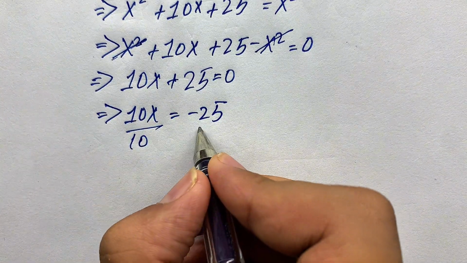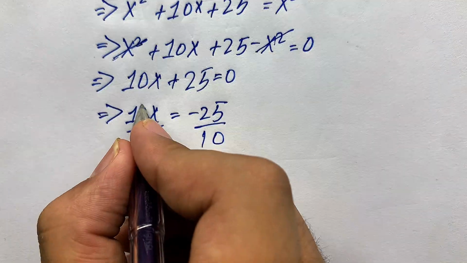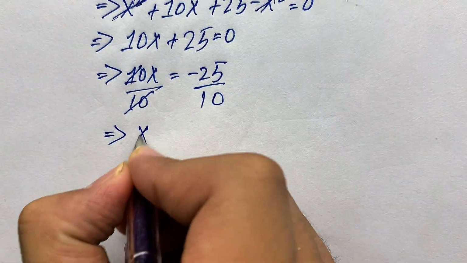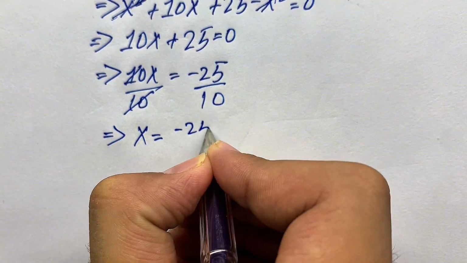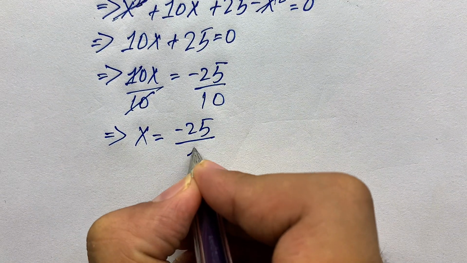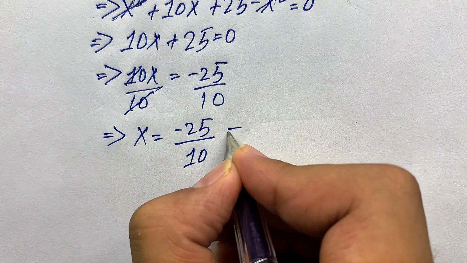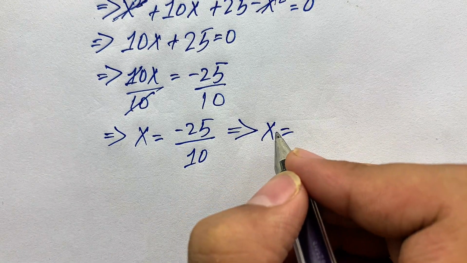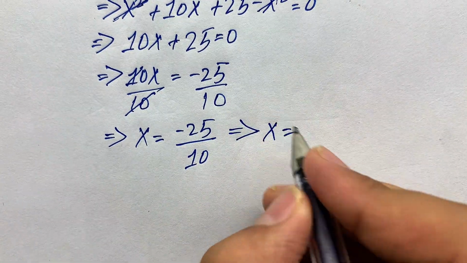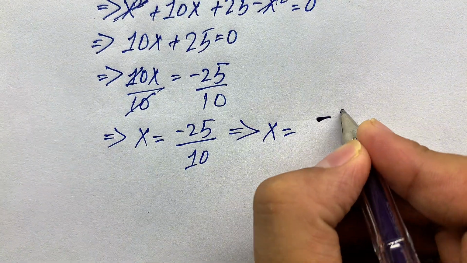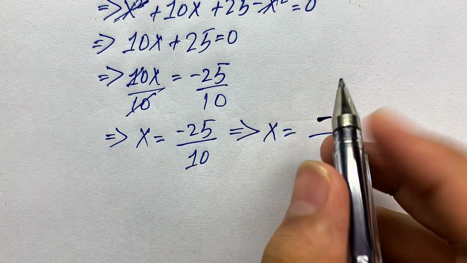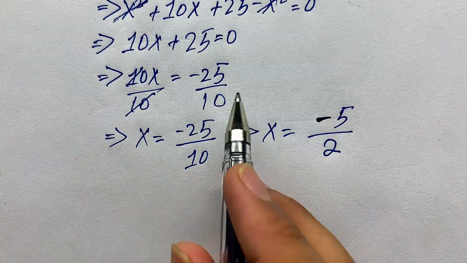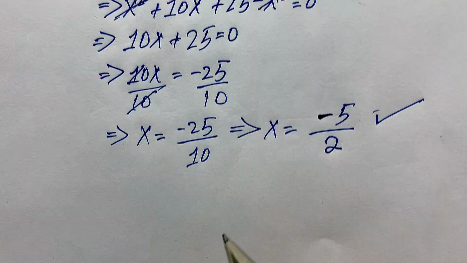The 10 cancels, giving x = -25 divided by 10, so x = -5 divided by 2. So this is our final answer.